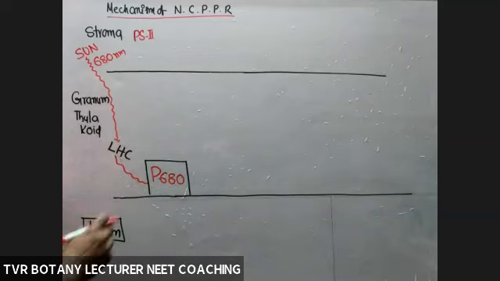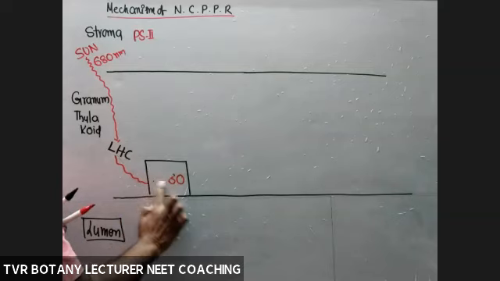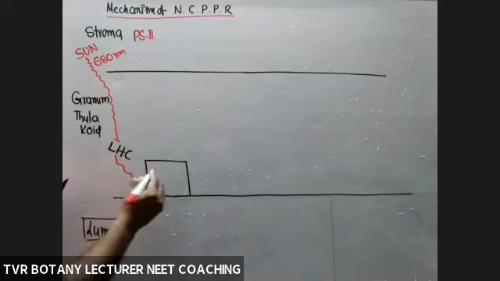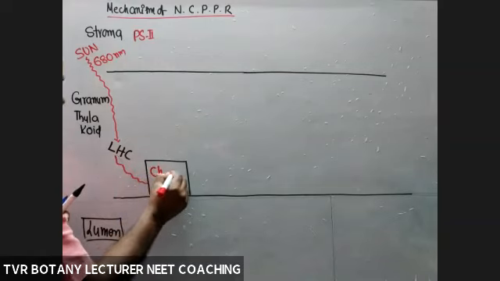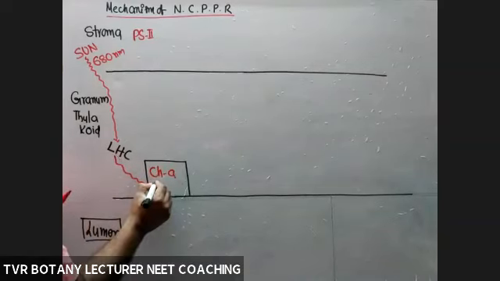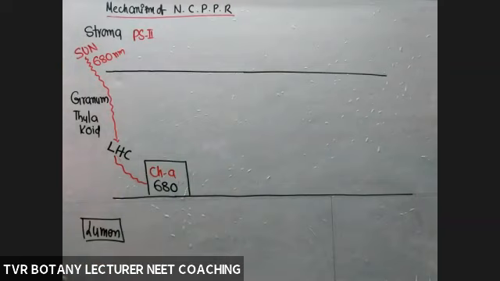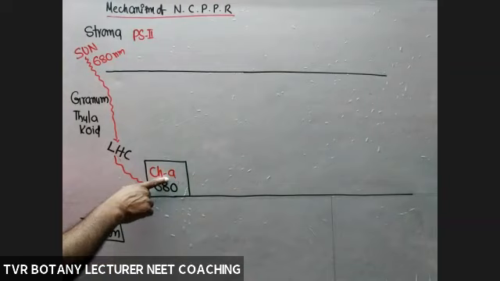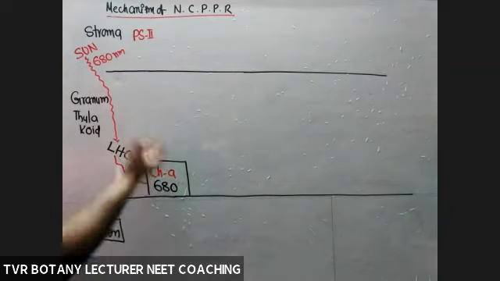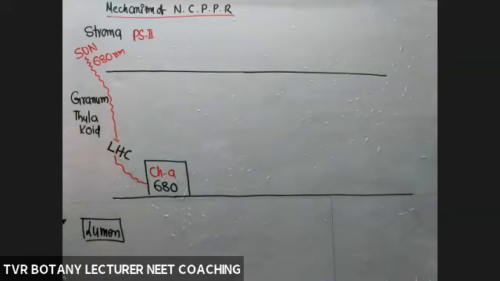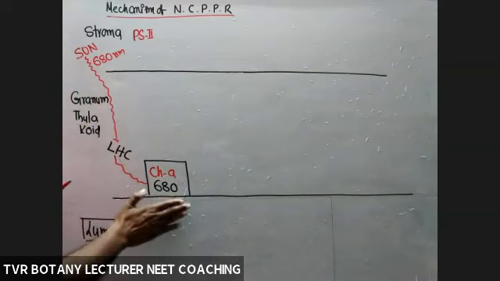So here chlorophyll A is present. Actually, this is a chlorophyll A molecule whose maximum absorption is at 680 nanometers. Before absorbing radiant energy, it is at ground state, with less energy.